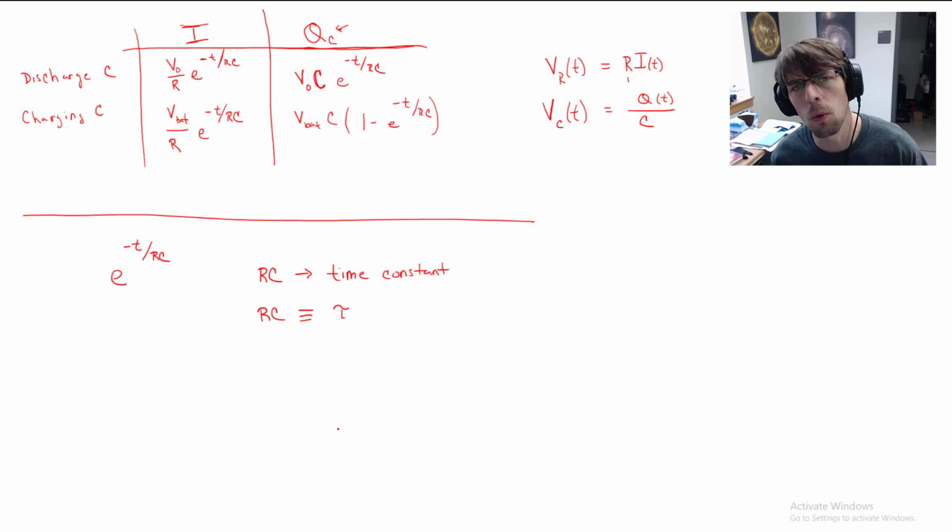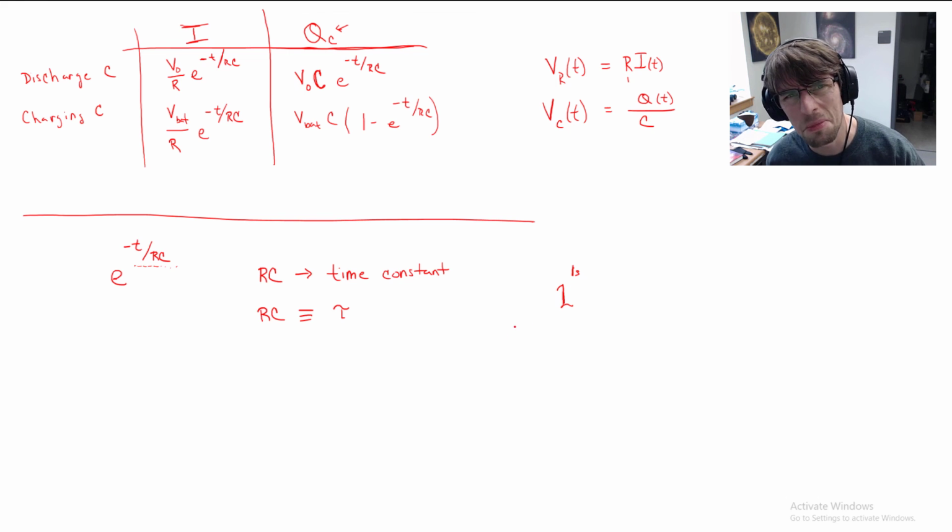So we define tau, the time constant of the circuit, as being defined as RC. You might say, why do we call it a time constant? From a unit standpoint, are you allowed to have a unit in the exponential? No. What does it mean to raise, say, 2 to the 1 second?